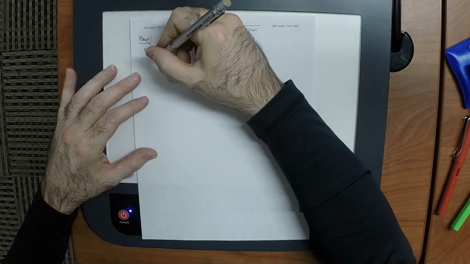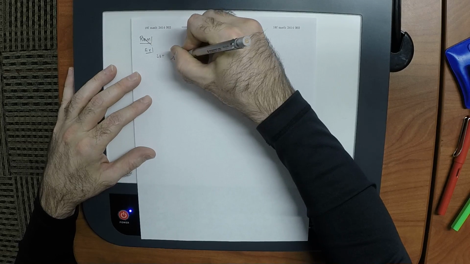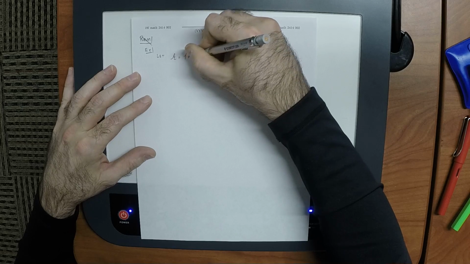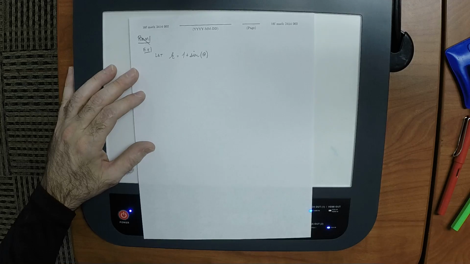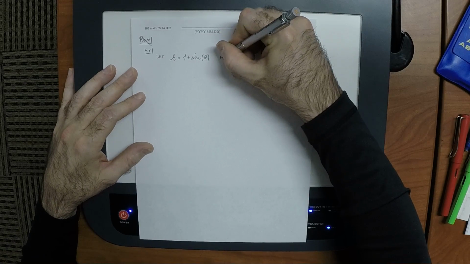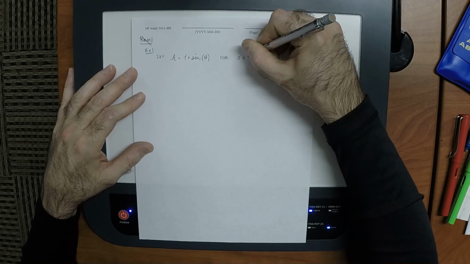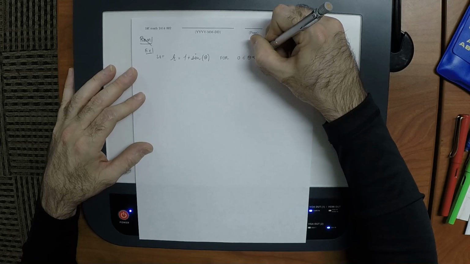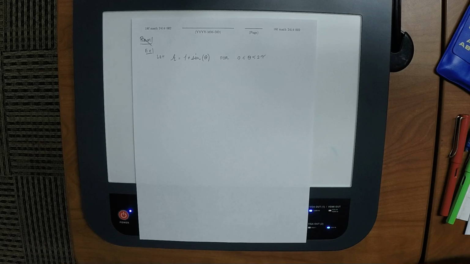I could say let r equal 1 plus the sine of theta, and we'll do it for the full circle, for 0 less than or equal to theta less than 2 pi. All right. So such a thing is called a cardioid.